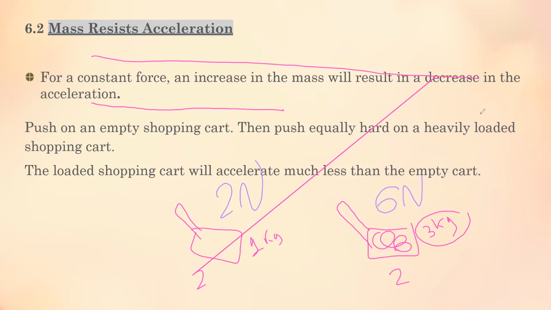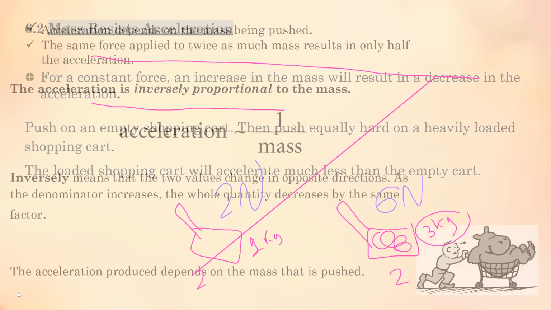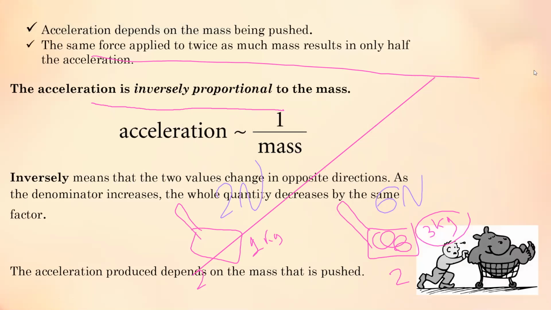So push on an empty cart, then push equally hard, the same force, 5 Newton, on a heavily loaded shopping cart. You will see that the loaded cart will accelerate much less than the empty cart, as we said before. So what does it mean?